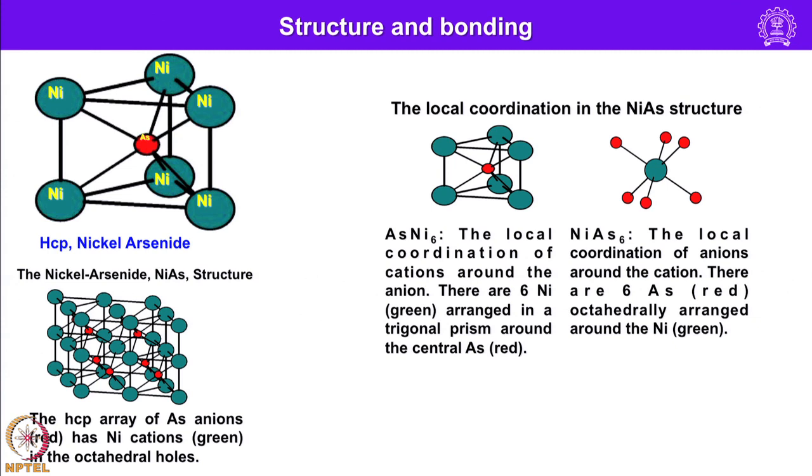In the first one, there are 6 nickel atoms arranged in a trigonal prism around the central arsenic. Here, the local coordination of anion around the cation is shown. It is octahedrally surrounded by 6 arsenide ions. So, both are hexa coordinated.